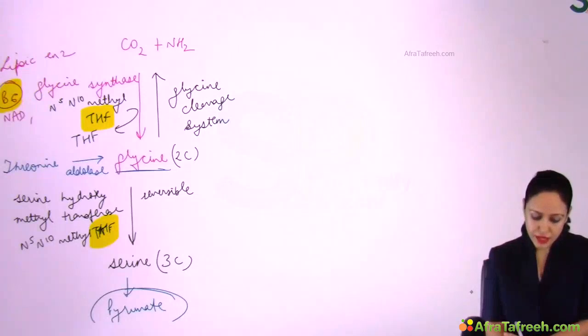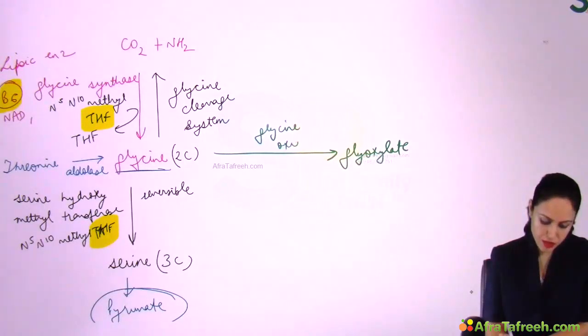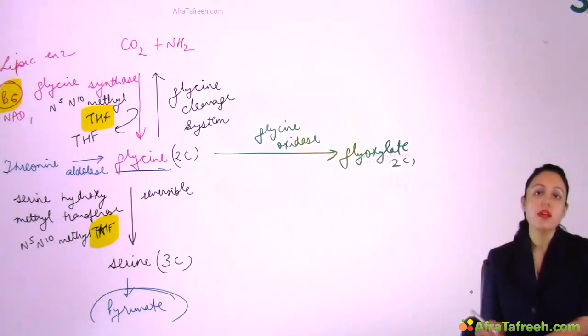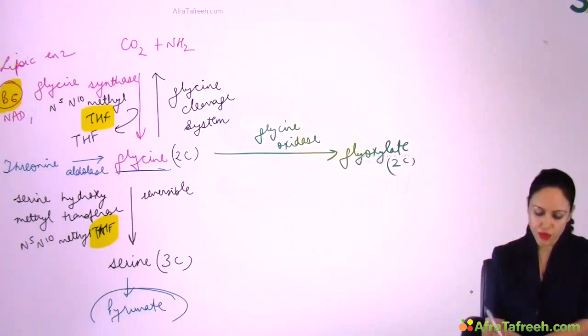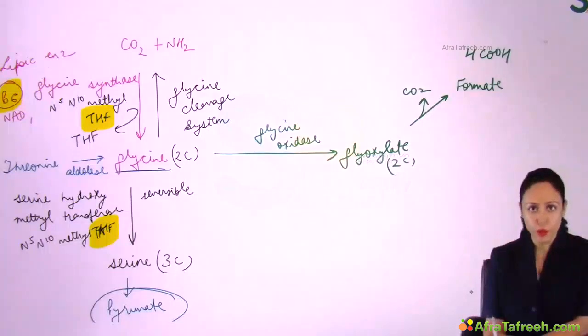Now glycine gets converted to glyoxylate, and here the enzyme is glycine oxidase. Glyoxylate also is 2 carbon, like glycine. Glyoxylate can be converted to formate by removal of 1 carbon dioxide. You know, formate is HCOOH. It is having only 1 carbon.